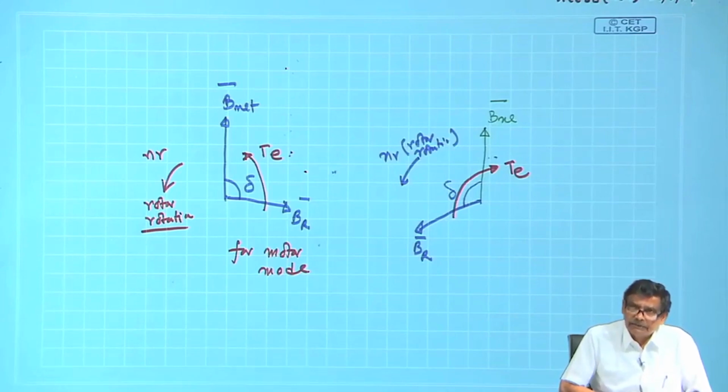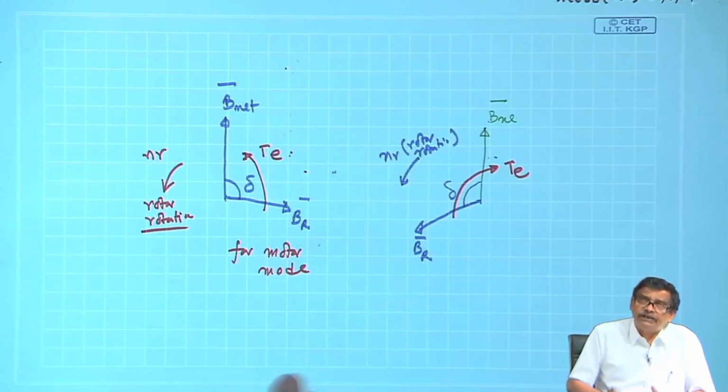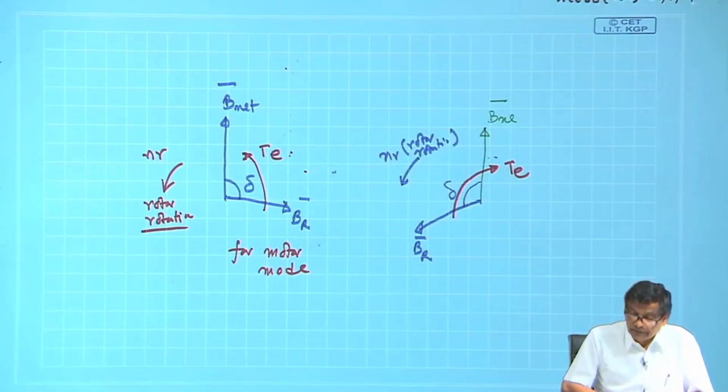and this is true for operation of any of the machines, be it induction, be it synchronous, be it DC machine, the direction of the field can be properly drawn.